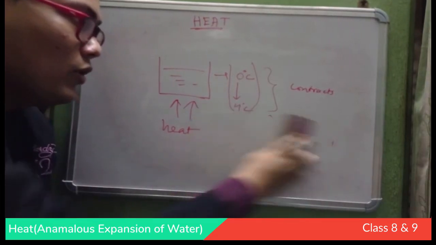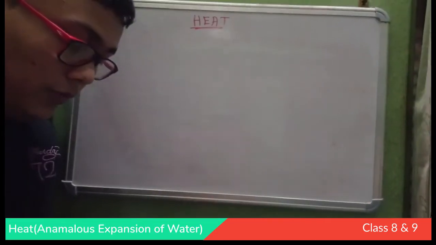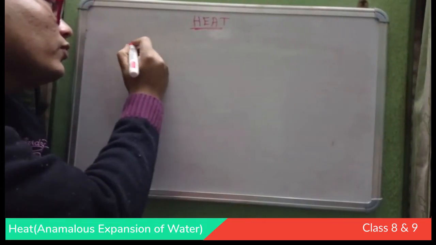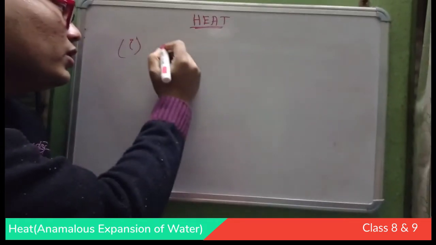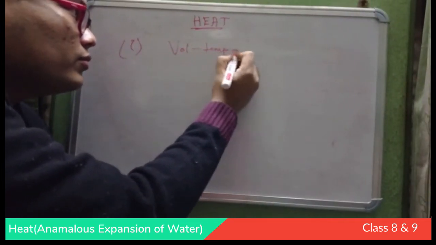Now, relating to this anomalous expansion of water, we have to plot two graphs which are very important for your exam. The first graph we'll plot is between volume and temperature.